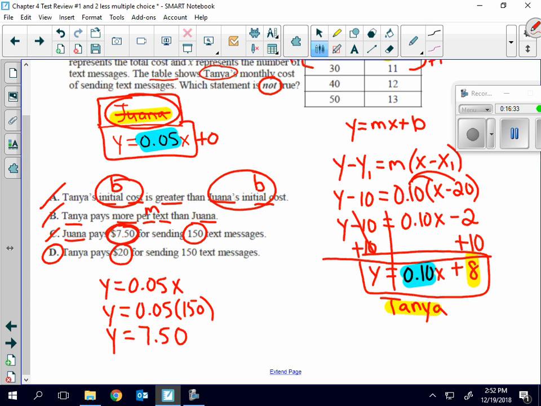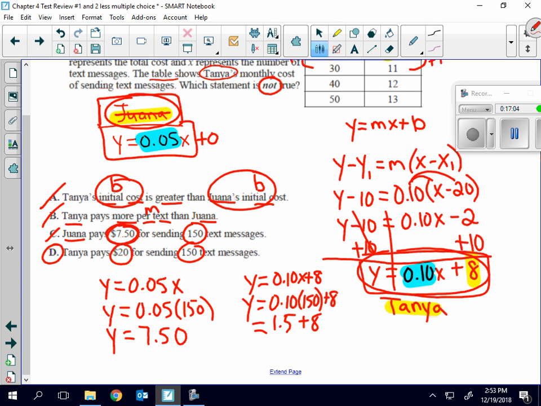Let's double check that one. We have Tanya now. We're looking at her equation. I'm going to write that here. Y equals 0.10x plus 8. And I'm plugging in 150, seeing if we're getting out 20. All right. 0.10 times 150, that's 15.